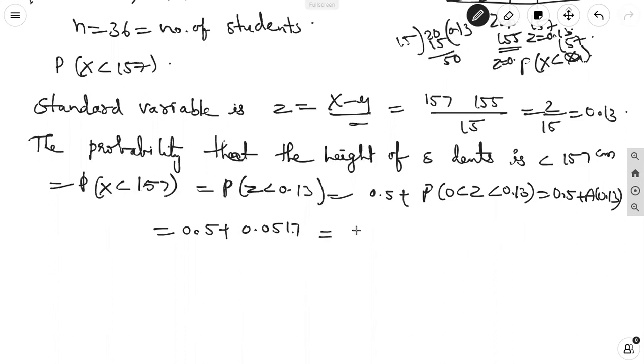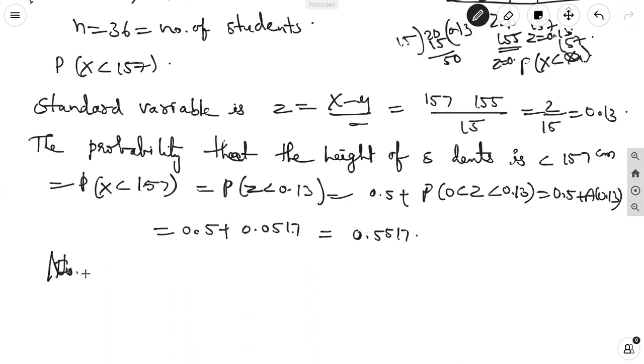It is equal to 0.5517. Here we are taking x is less than 157 means that is the 0.5517. It is the x less than 157, that is z less than 0.13.